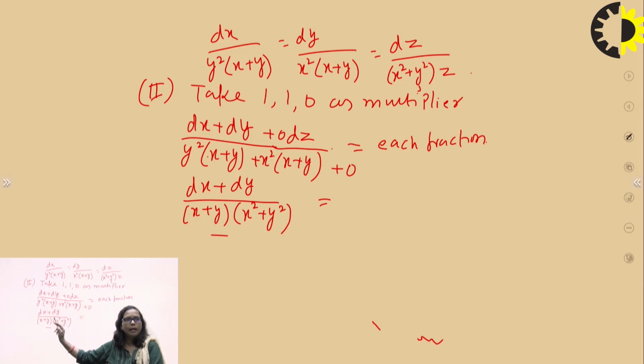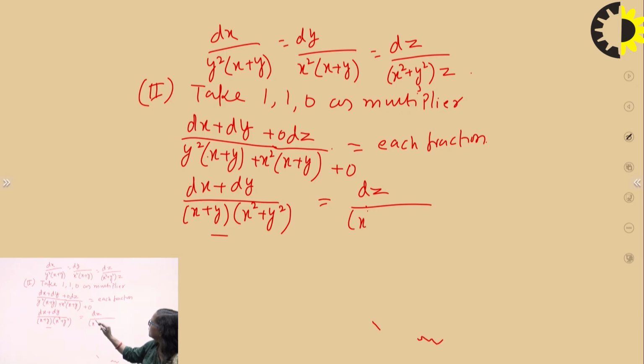But since this is not 0, I need to equate it with one of these fractions suitably. If I equate it with the third fraction, dz upon x square plus y square into z, then this will cancel out.